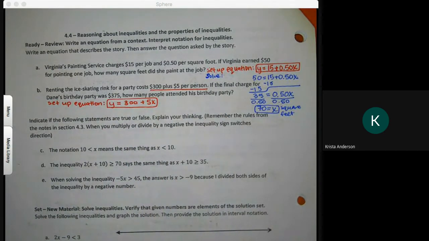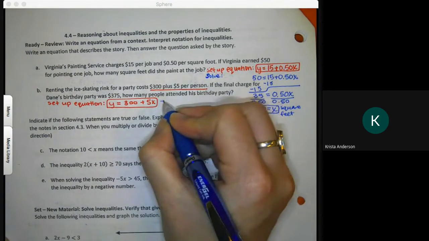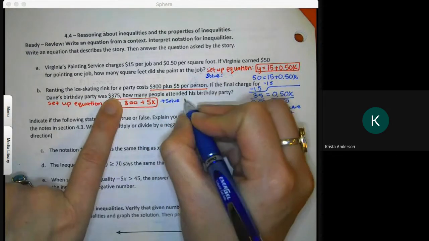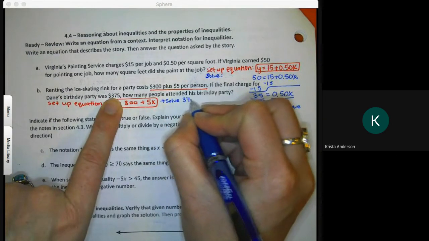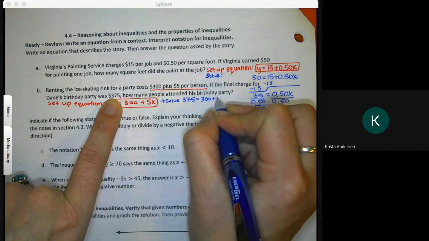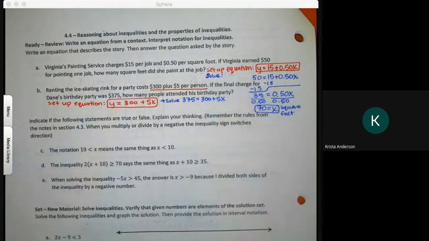From there, I will try to solve it. Because I know the total was 375, I can minus 300 from both sides.